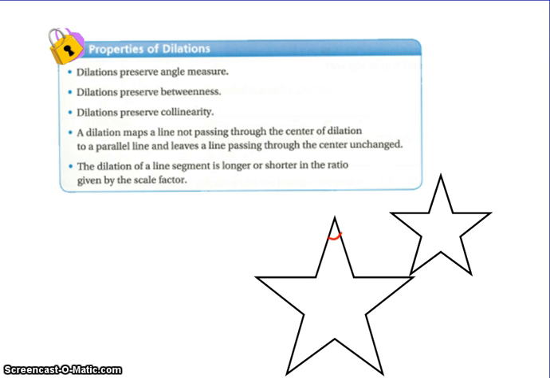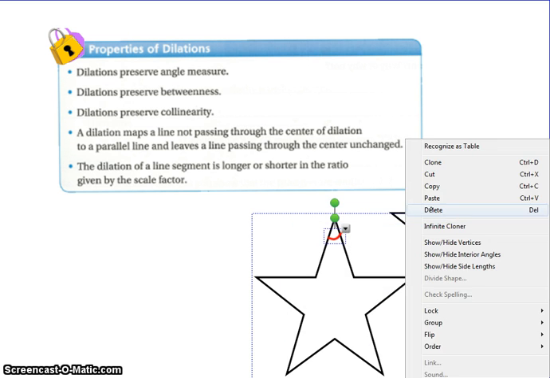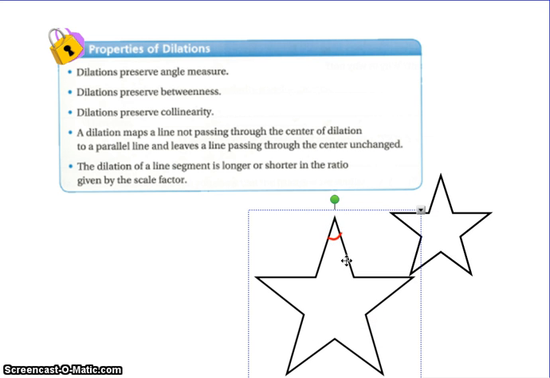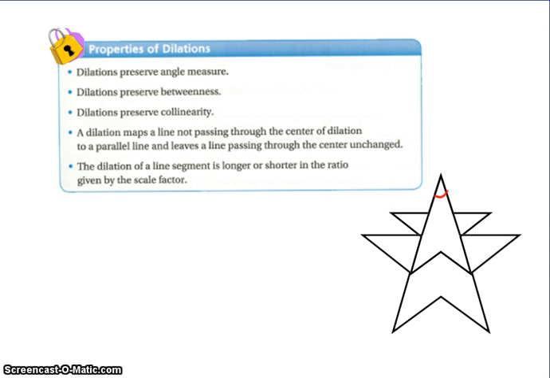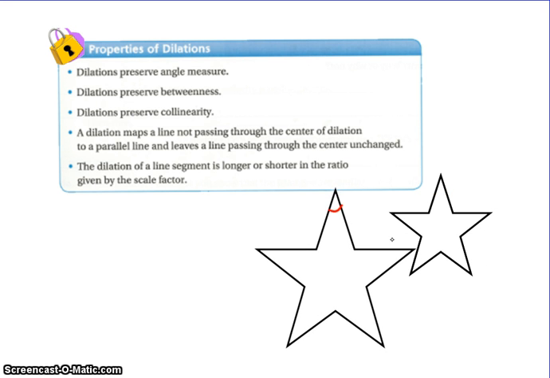I'm going to group these items together. This angle measure should be the same as this angle measure here. So I'm going to line it back up, and you'll notice that the two angle measures actually overlap. That is because dilation preserves the angle measure. Okay?